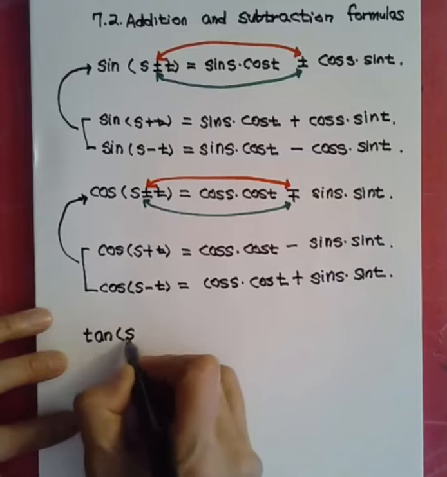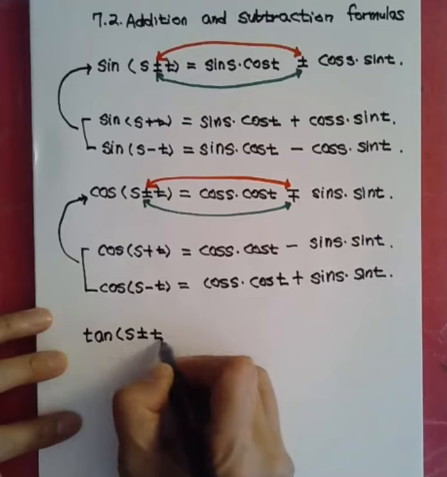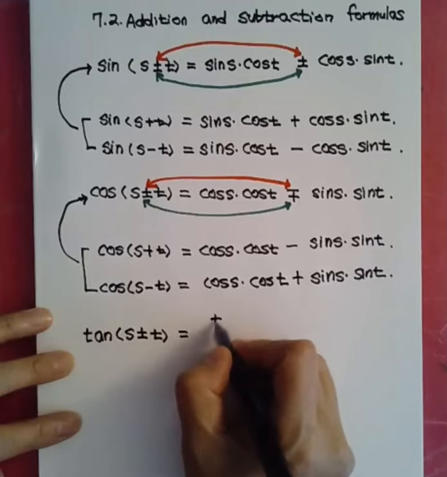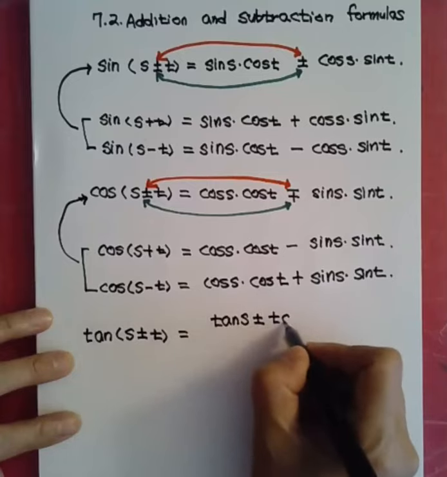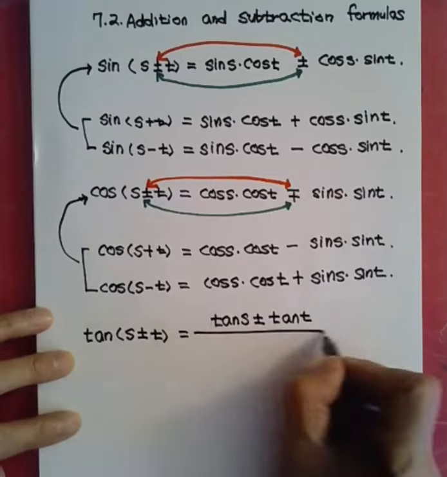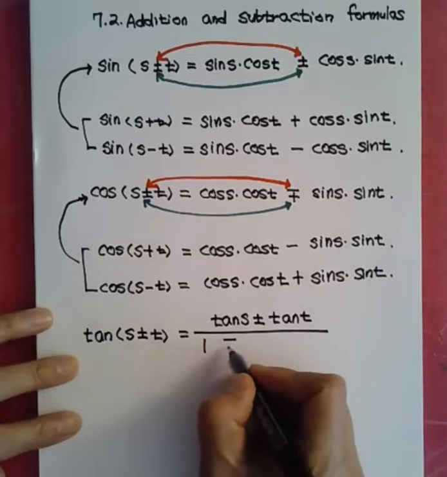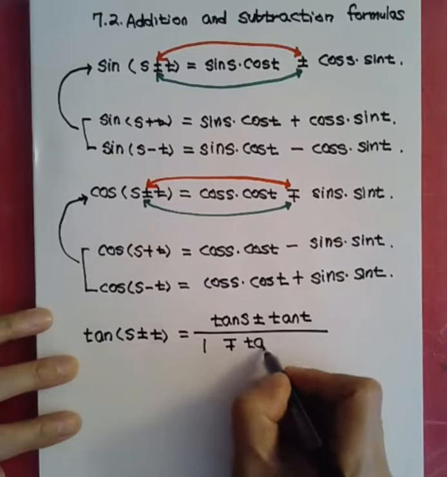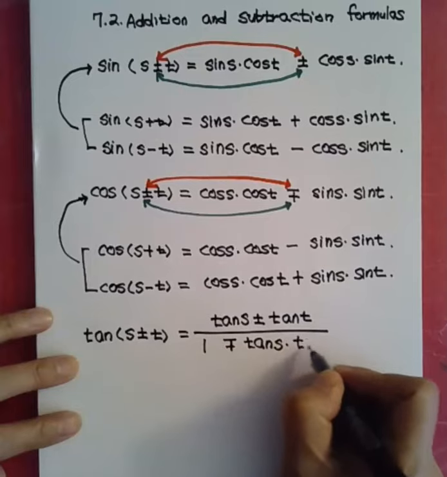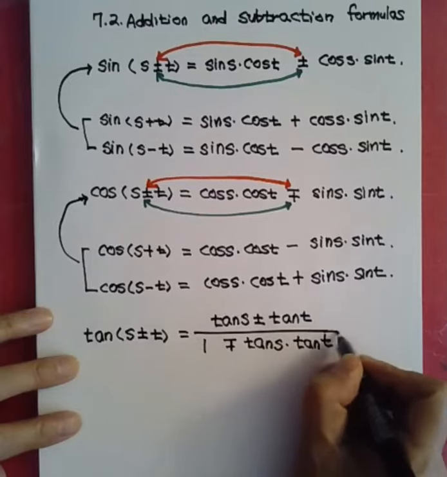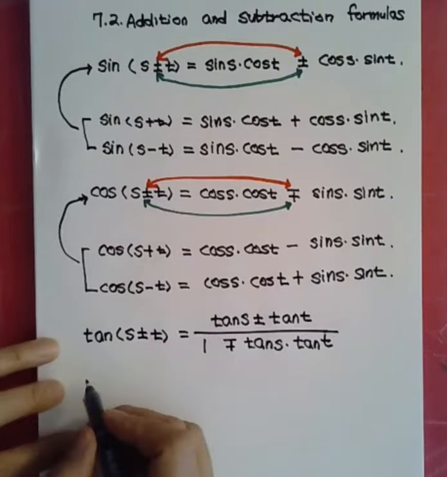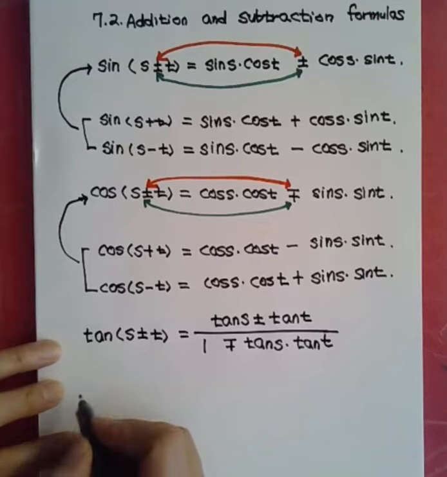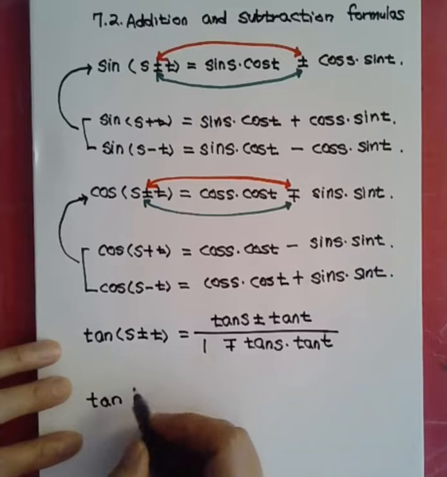There is a formula for tangent. Tangent of s plus or minus t equals tangent of s plus or minus tangent of t over 1 minus or plus tangent of s times tangent of t. Here, two formulas are involved.